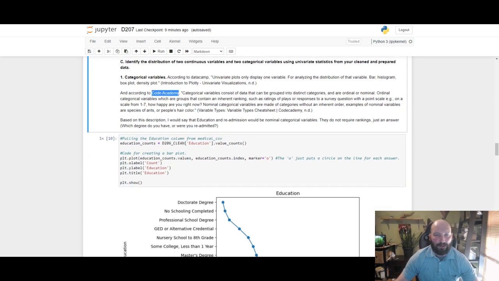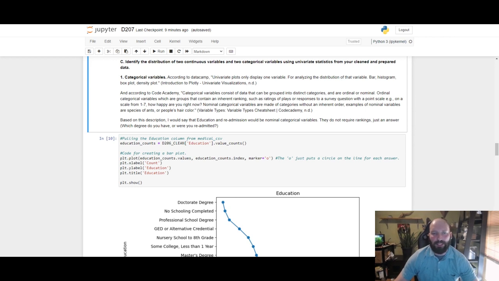And according to Code Academy, it's just listing out what categorical variables consist of, and that they can be ordinal or nominal. And all that means is that ordinal is going to have some predefined hierarchy of value. The description or example is on a scale from 1 to 7, how happy are you right now?